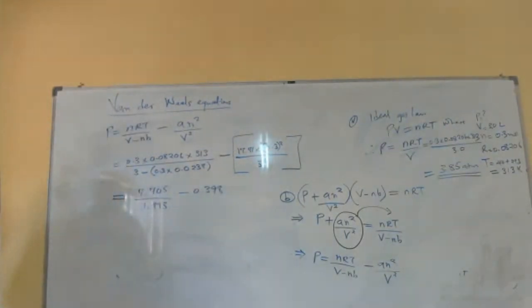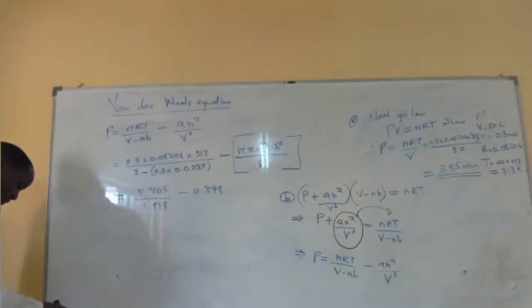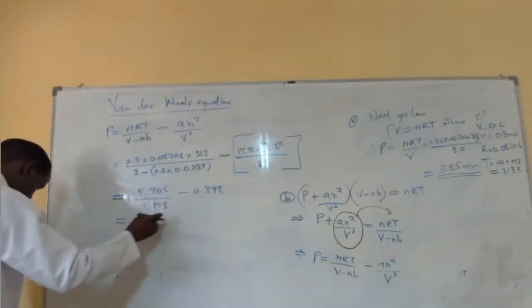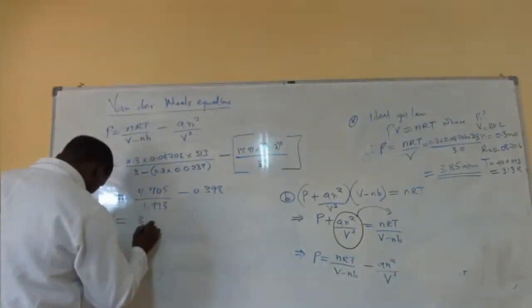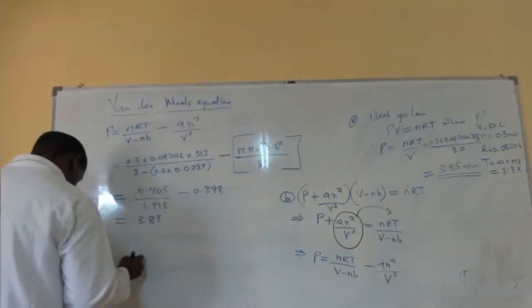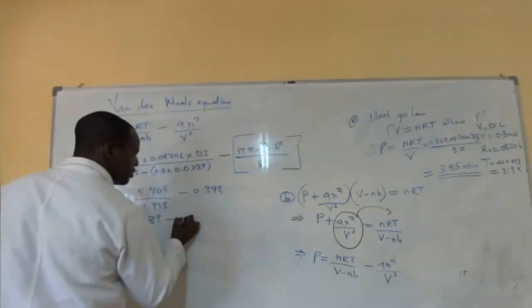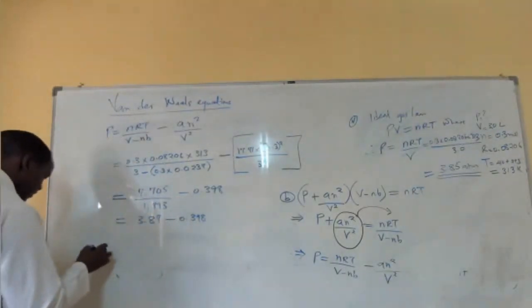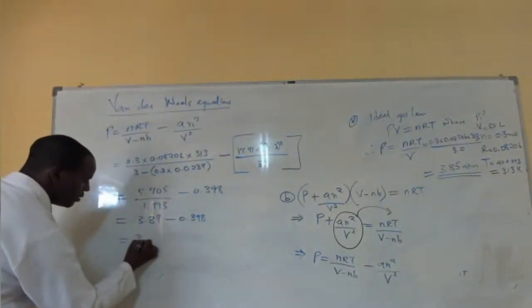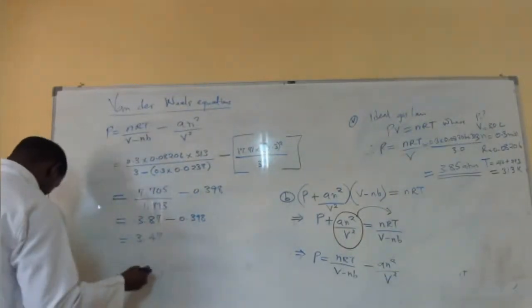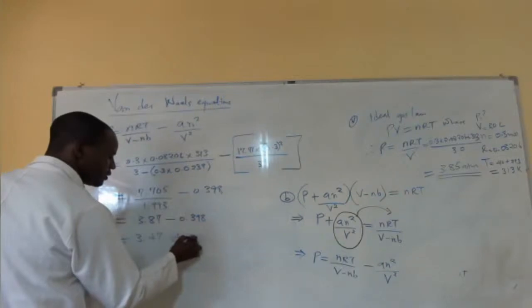So when you simplify that, you should be able to get 3.87 minus 0.398. The difference is equal to 3.47 atmospheres.